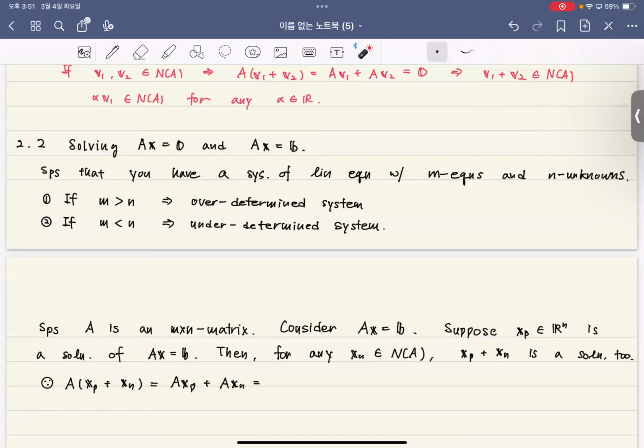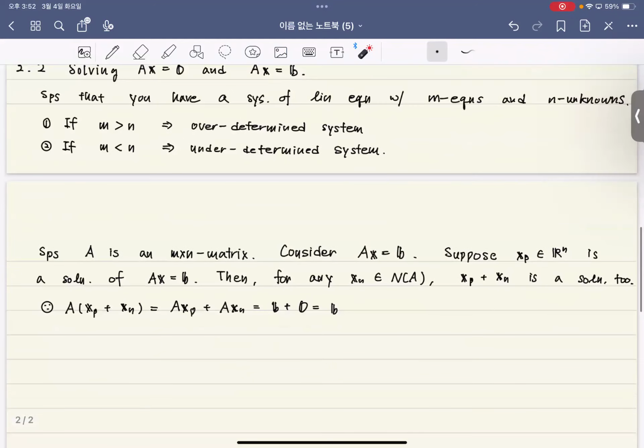Because of the assumption, xp was a solution, therefore this is b, and since we have chosen xn from the null space, A times xn must be 0. Therefore xp plus xn is also a solution. Very easy observation. However, the converse of the statement is also true.